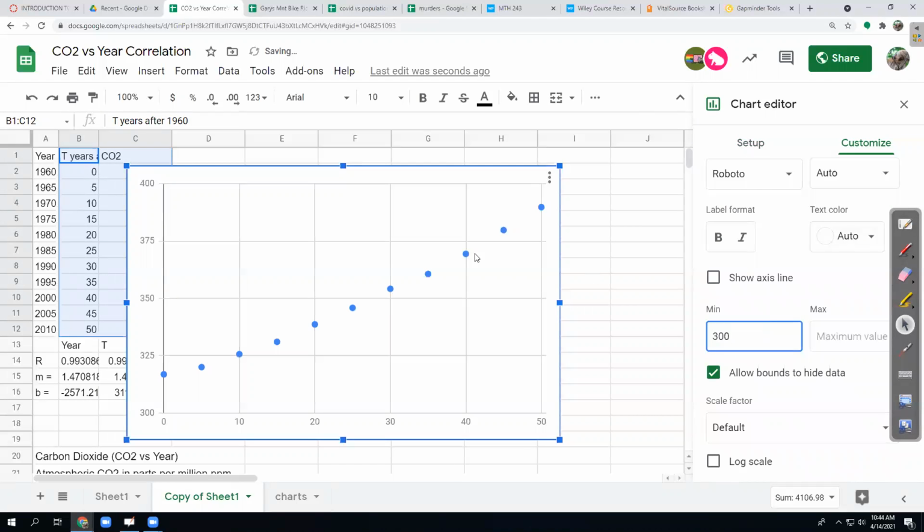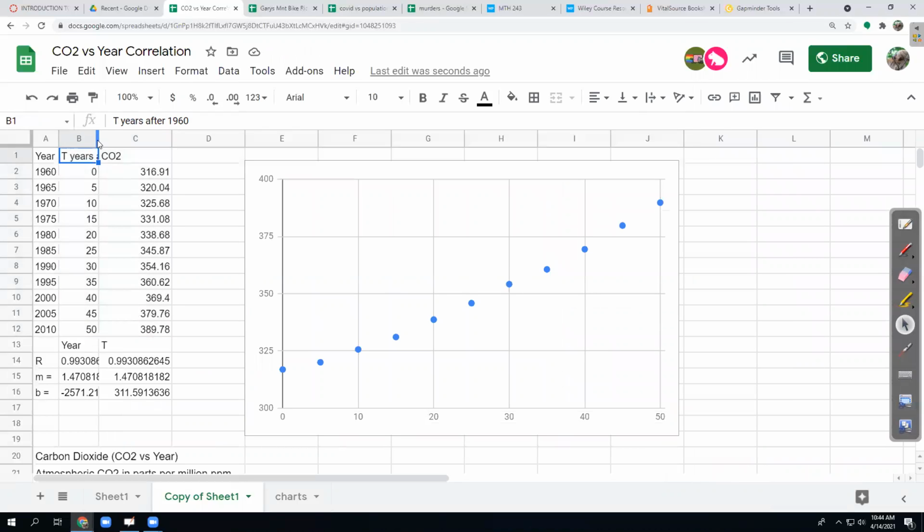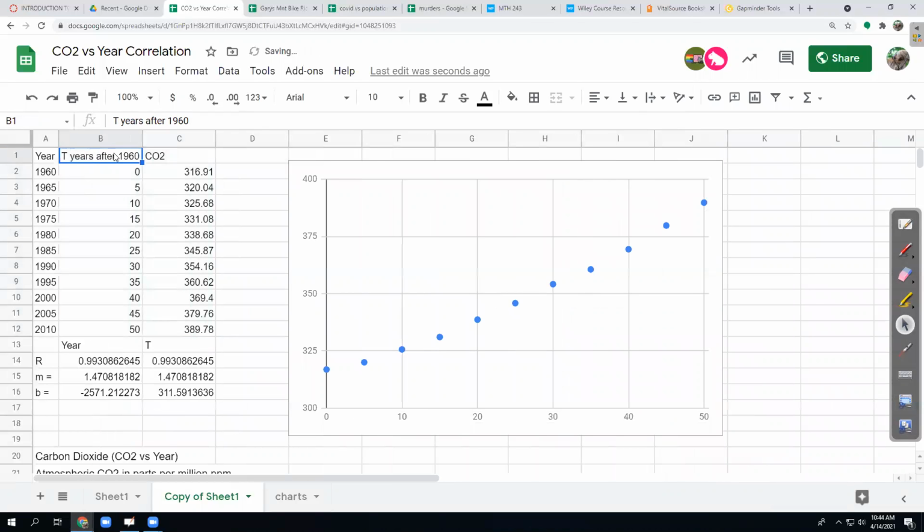Yeah, that's about right. There's the same set of points I had before. I just changed what I'm calling the numbers at the bottom. So what is year 0 here? Well, year 0 is really 1960. Because I have this new variable, T years after 1960, when I think about what this number right here, the 311, means, so, new page.